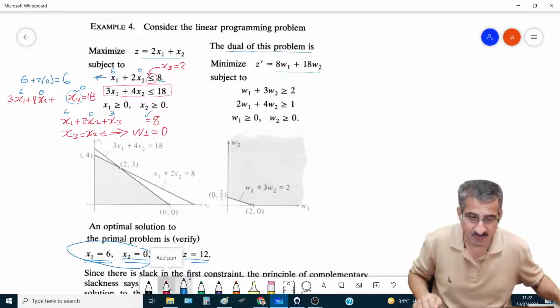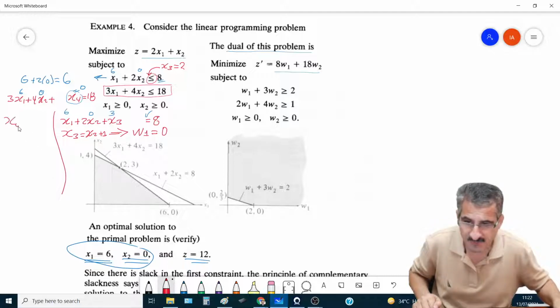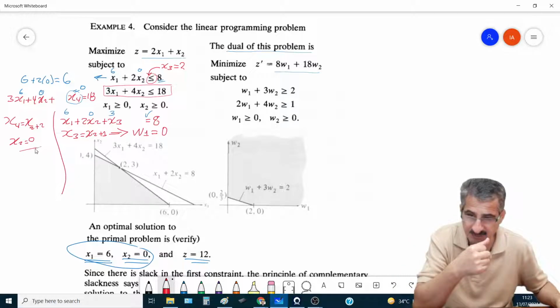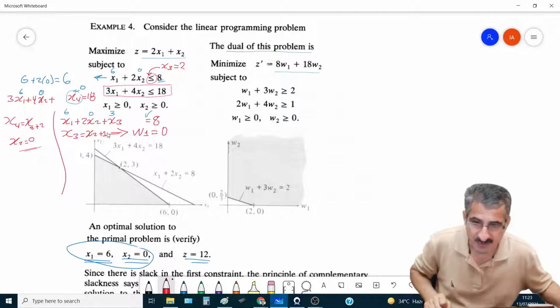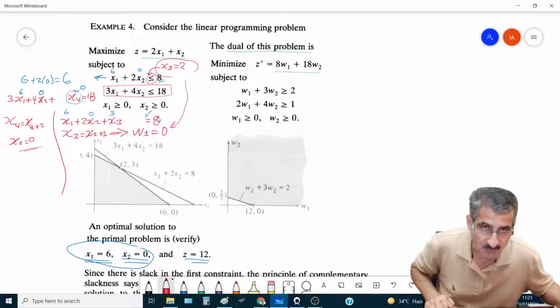And x4 is x_{n+2}. Okay, but we don't care about this now. We care about having x3 positive, which will force w1 to be 0.